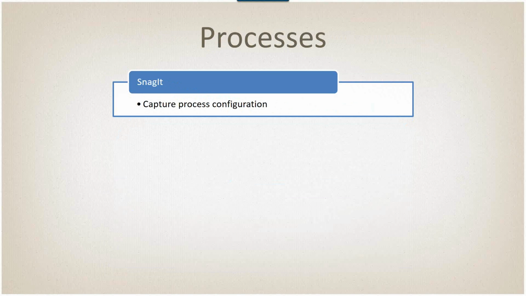Processes are exactly the same thing. The processes are actually stored as what they call XAML, which is a form of XML, and it's really kind of hard to document. I've spent more than a little bit of time and trouble and money trying to actually pull that information out into a form that makes sense, and I was not successful.